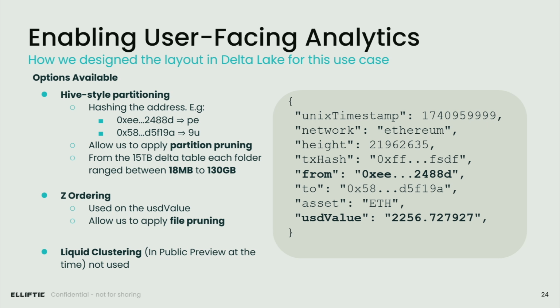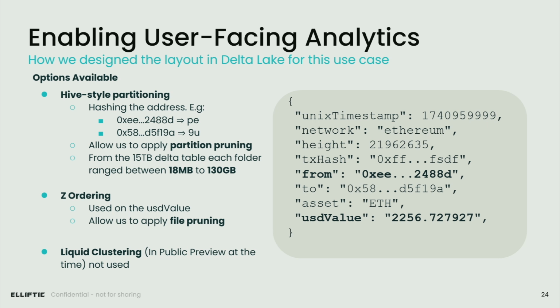For the Hive-style partitioning, because the cardinality of the wallets themselves was so high, we had to find a way to lower it so that we could partition more efficiently. For that, we had an algorithm that truncates the address to specific characters so that we could spread the load of the data more evenly. That also allowed us to do partition pruning within Databricks.